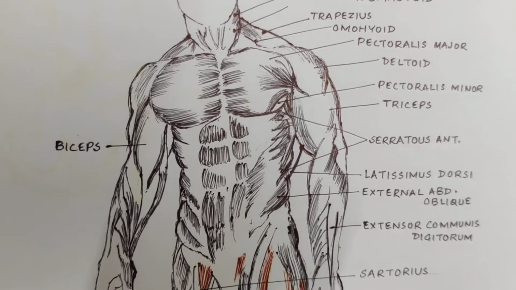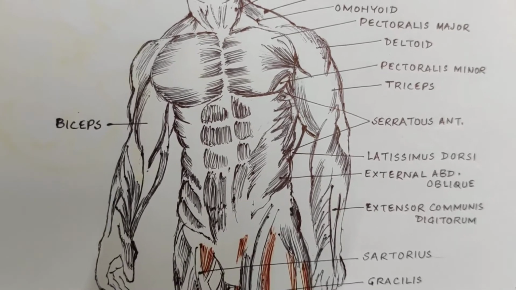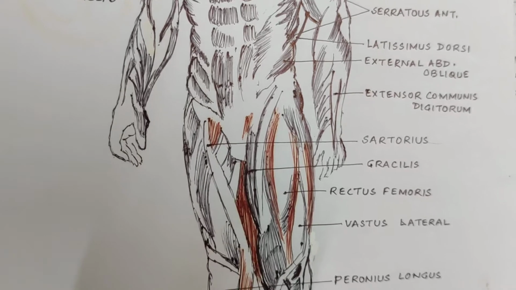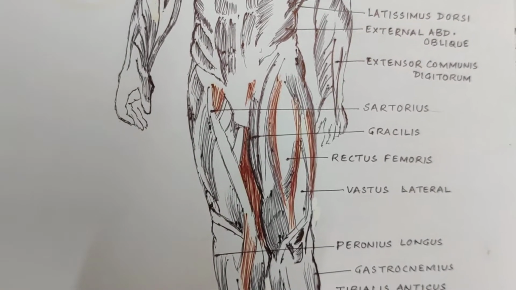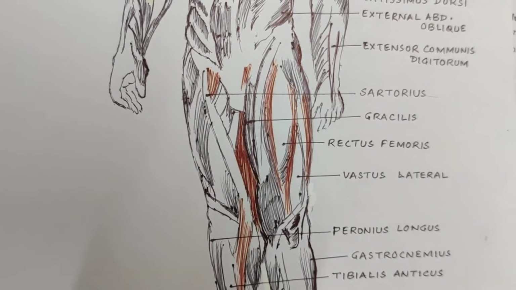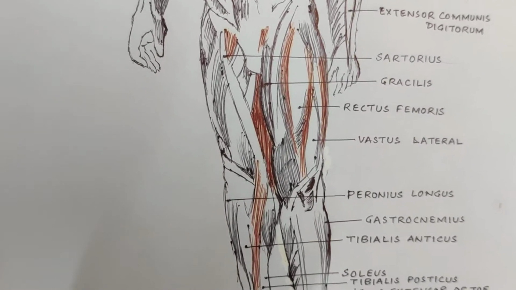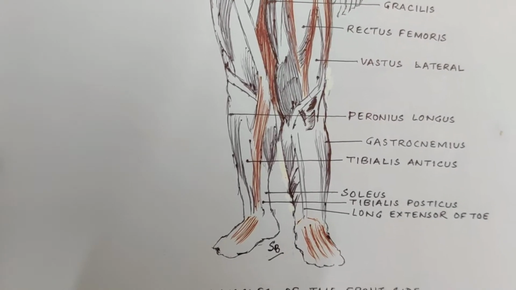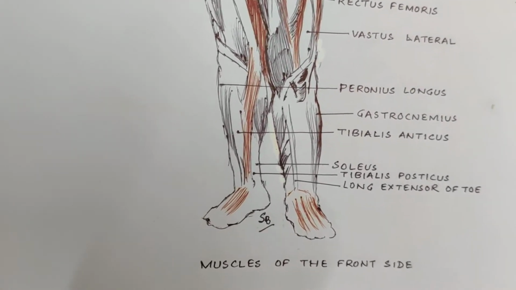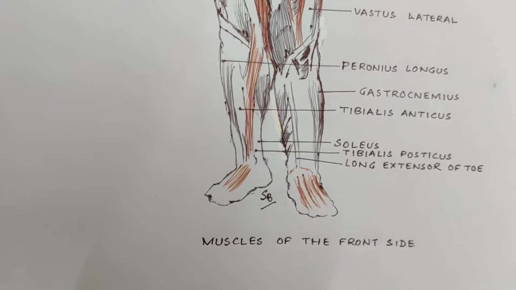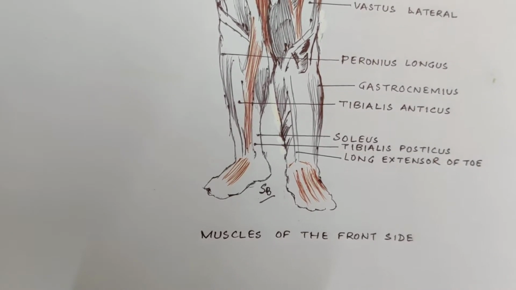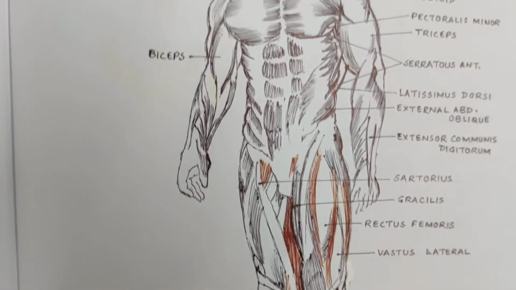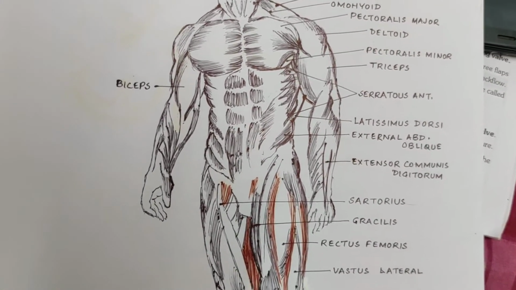Sternocleidomastoid, trapezius, omohyoid, pectoralis major, deltoid, serratus anterior, latissimus dorsi, external abdominal oblique, extensor communis digitorum, sartorius, gracilis, rectus femoris, vastus lateralis, peroneus longus, gastrocnemius, tibialis anticus, soleus, tibialis posticus, long extensor of toe. These are the muscles. Even you can see biceps and triceps.